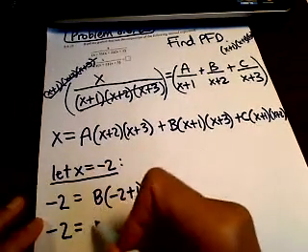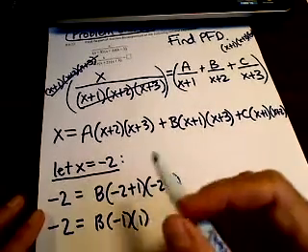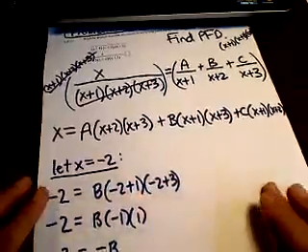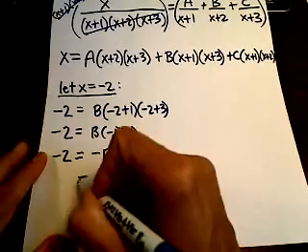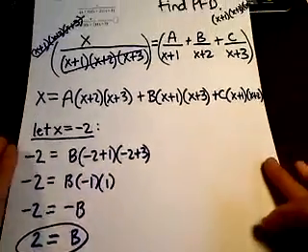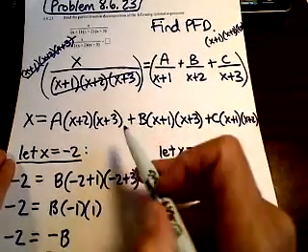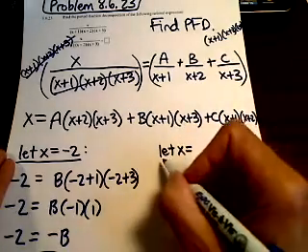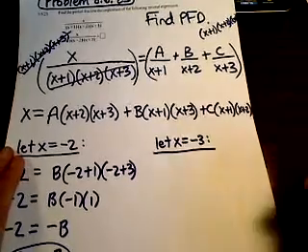So we can just solve for B now. We have B times -1 times a positive 1, and that's -B equals -2. And so our B equals a positive 2 here. Okay, so there's one of them. The next thing we want to do is let x equal both -3 and -1 because those will cause zeros as well. So let's let x equal -3 next.